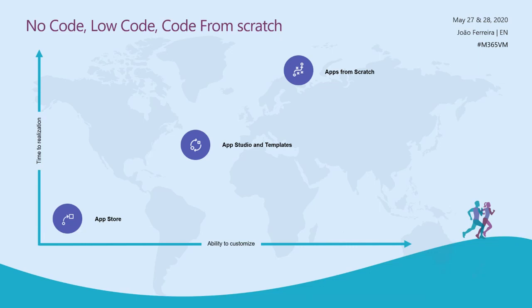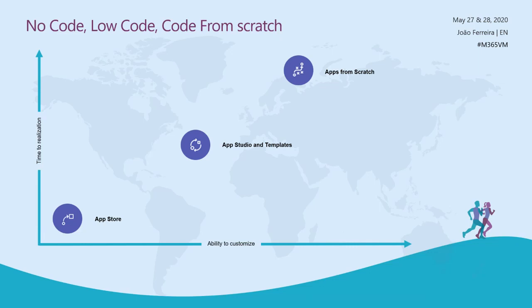And then you have, obviously, code from scratch, and here you have the SharePoint Framework that allows you to not only build applications for SharePoint, but also for Microsoft Teams. And you also have the applications built using the Microsoft Teams framework that, once packaged, also work inside of SharePoint.